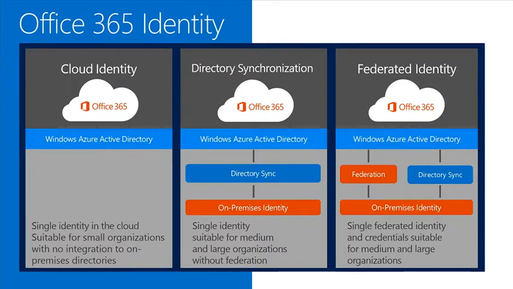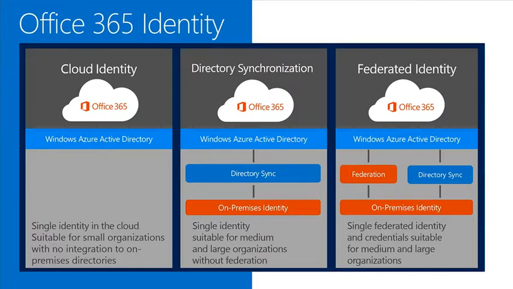So coming back to Office 365, Office 365 has three primary ways that you can manage identities. The first is where all of the identities are in the cloud. They're in Office 365. We call this the cloud identity. And it has no connectivity to any systems that you might have in your offices.